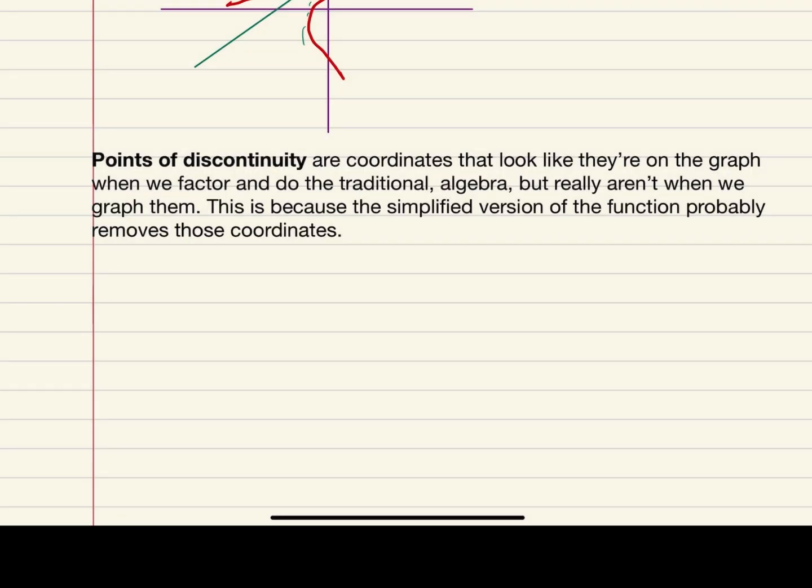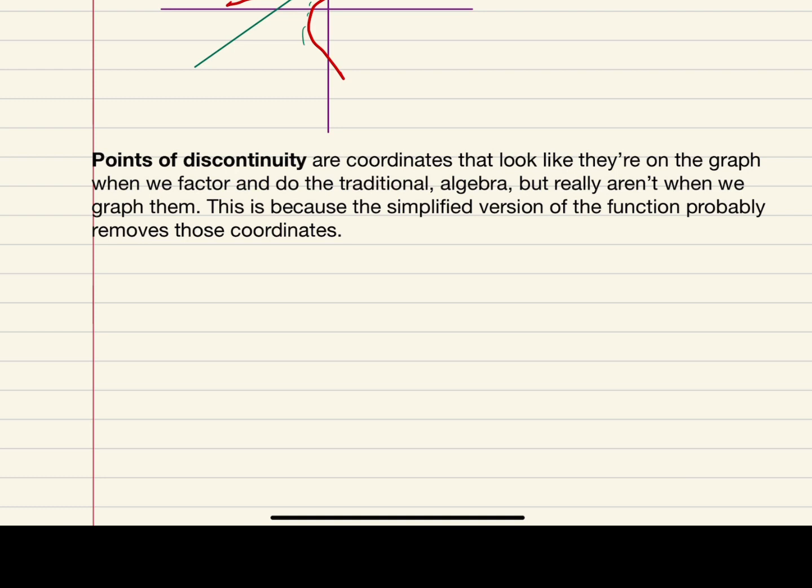Points of discontinuity are coordinates that look like they're on the graph when we did all the traditional algebra and got the asymptotes, but when we graph them, they aren't really there, like those asymptotes we just talked about, or in some cases, intercepts.